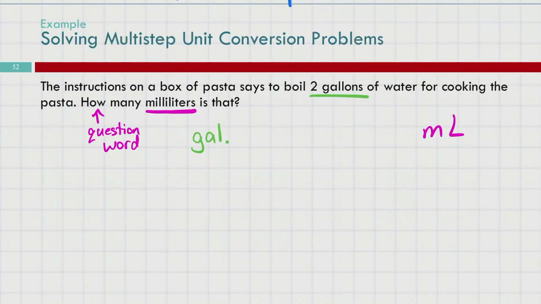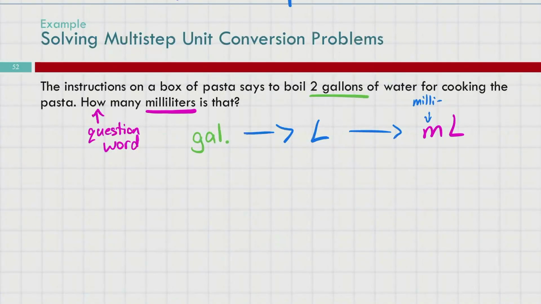We can convert it to liters. Perfect. And can we convert liters to milliliters? We sure can. So milliliters and liters, we've got our metric prefix or SI prefix. So we can convert between those two. So we've got a 2-step problem.